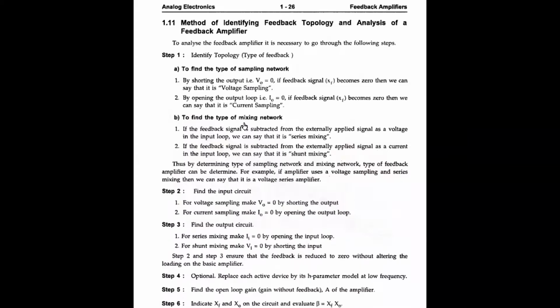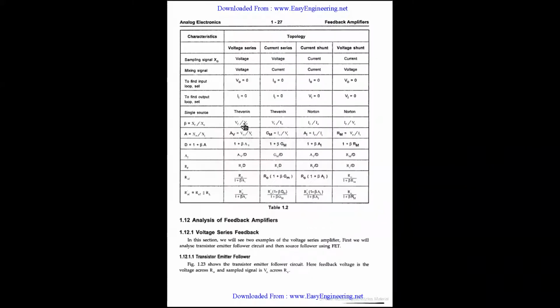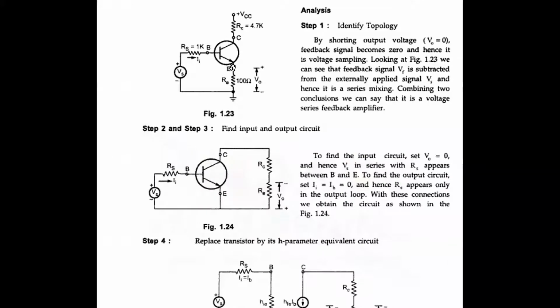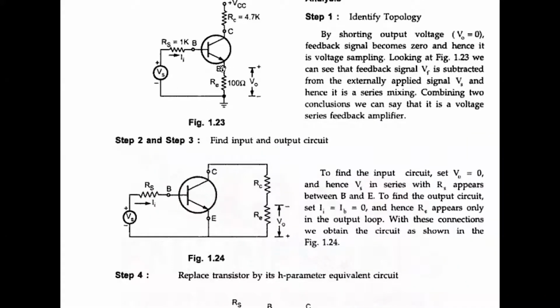Now, what is happening in this circuit? If we short circuit the output, in the input loop this voltage becomes 0, which means there is some change in the input loop.